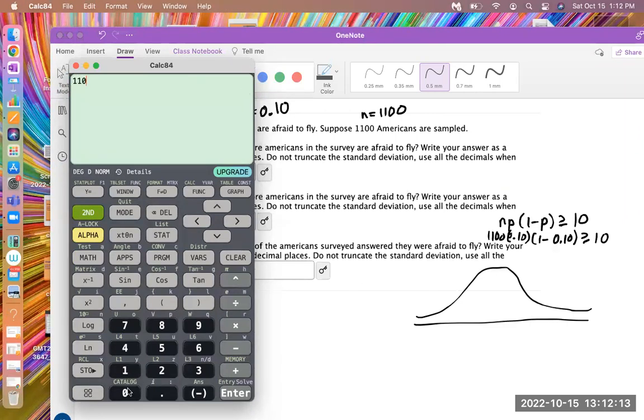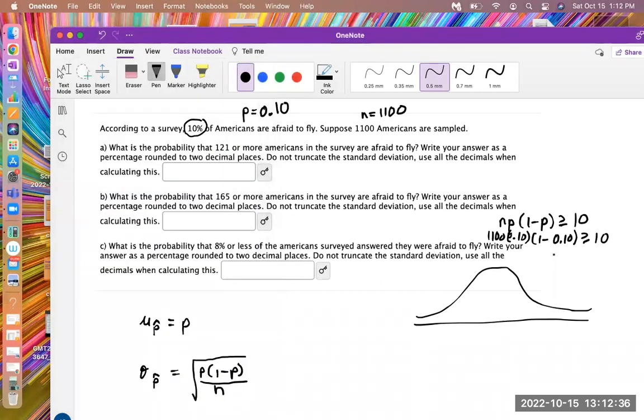So 1100 times 0.1, times 1 minus 0.1, is 99. So that definitely is bigger than 10. So we are good. This is normally distributed, so I can draw the sampling distribution of the sample proportions as normally distributed like this.